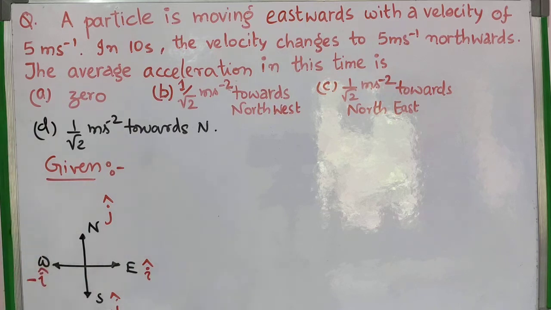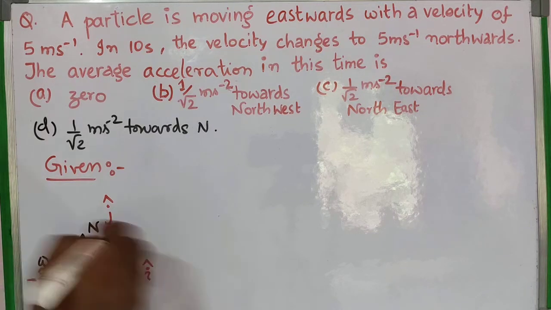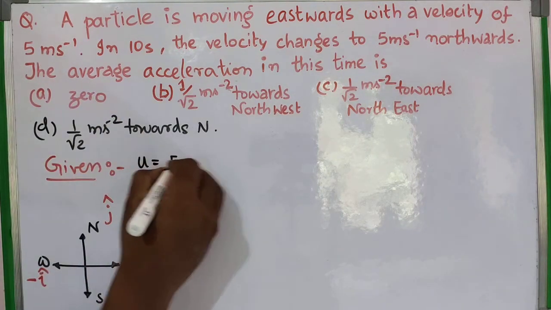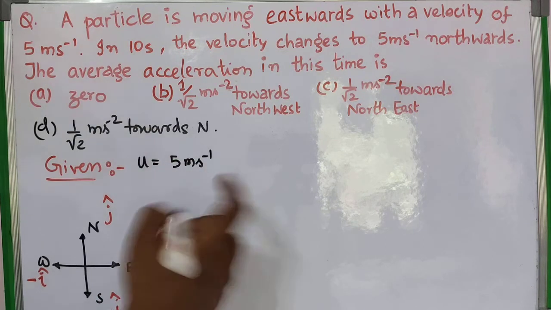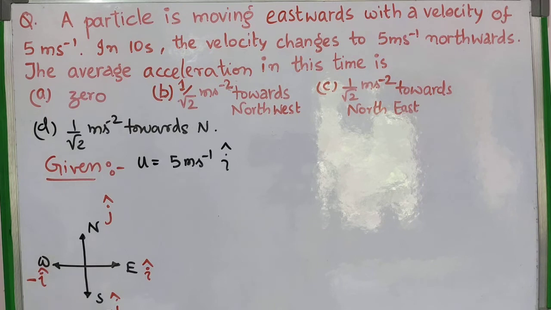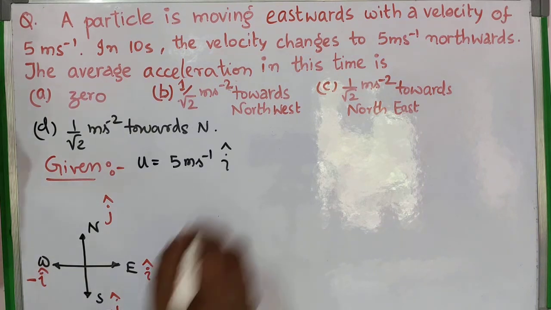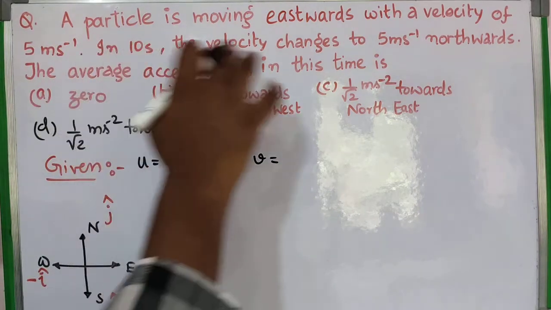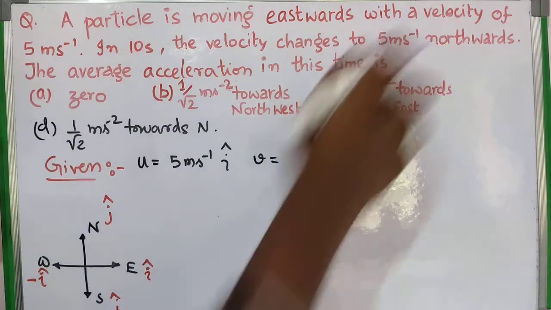Now let's see what is given in the question. Number one, it is moving towards eastward. So eastward, what is u equal to? 5 meters per second. Eastward, how to show the direction? i cap. Next, what is the final velocity we have? In 10 seconds the velocity changes to 5 meters per second northward.